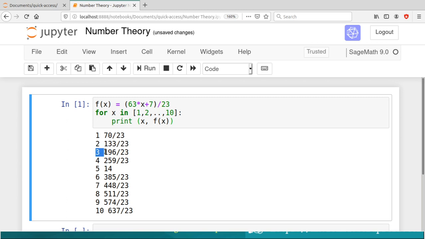And next x is equal to 3, then I'm getting y to be equal to 196 by 23. x is equal to 4, I am getting 259 by 23, still a rational number only, not an integer. And now at x is equal to 5 I am getting y is equal to 14. So this is probably the solution that I am looking for. x is equal to 5 and y is equal to 14. So this is the number that we want.